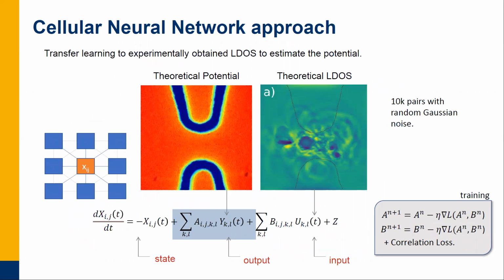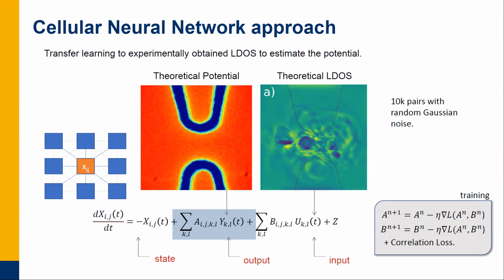All right, so if we can produce the theoretical density of states given any potential, we can use something like a neural network to try to predict. I feed the neural network with a potential and extract the density of states, or the other way around: I feed the network with the density of states and try to guess what the potential is.